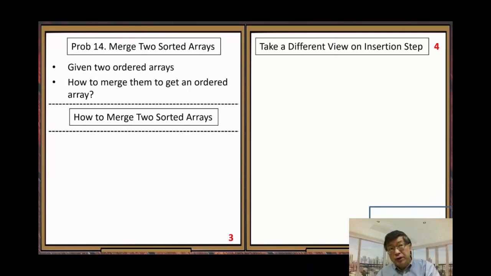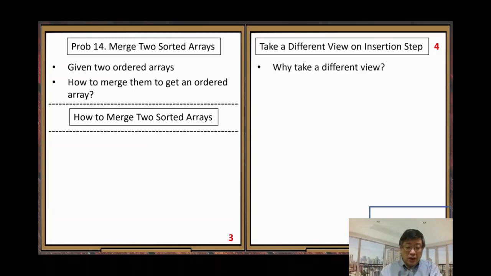We have to modify a little bit. Otherwise, if you still use the old view, you cannot get anything new here. You get insertion sort. But we don't want to repeat that insertion sort. We want to get something new, a new solution, a new method.